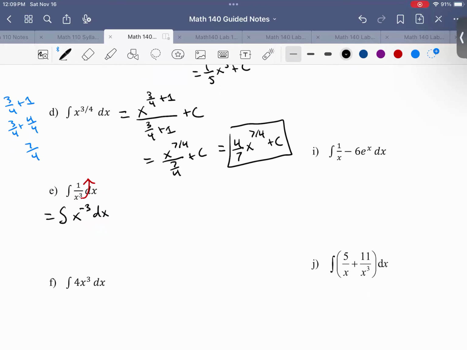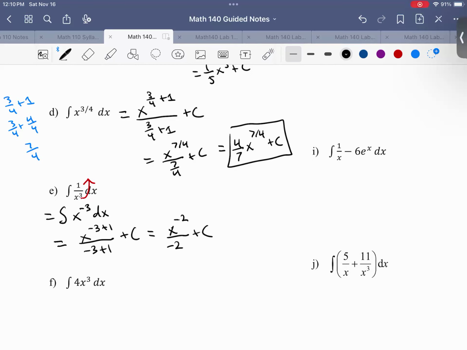Now I can take the integral by using the same process of adding 1 to the exponent and dividing by that value. So this becomes x to the -3 plus 1 over -3 plus 1, plus c. Oops, forgot my c. It's easy to forget the c. If we simplify this, we get x to the -2 over -2 plus c.